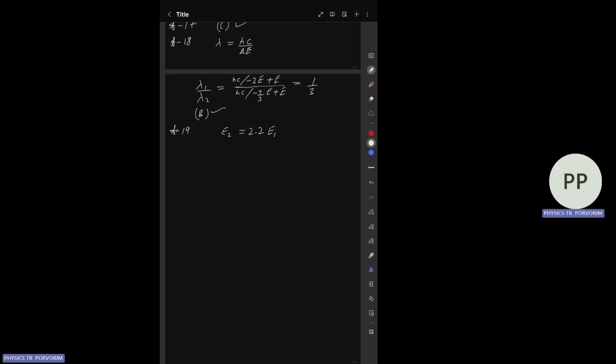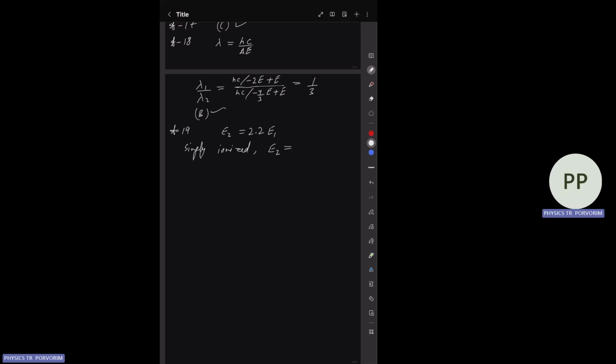And E2 is the energy required to remove the electron from the singly ionized atom. Sorry, not E1, it is E2.